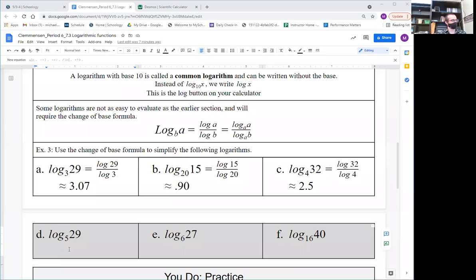All right, so let's go over these answers right here. We'll start with D. Who can tell me the answer for D? Tom, you got the answer? All right, so let's do it together right now.